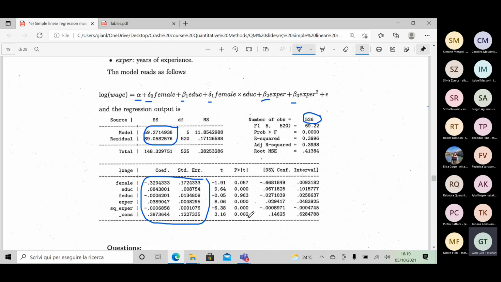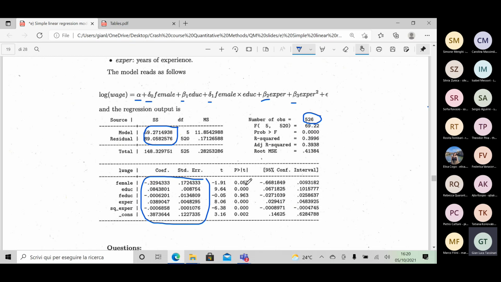Well, the constant, yes, is significant because, even if you consider a significance level at 1%, this p-value is much smaller. So this is also significant. Then you have 2 parameters. Well, female is not so significant because if you want to perform a hypothesis test at alpha equal to 1% or even alpha equal to 5%, observe that at a 5% significance level, this p-value is bigger.